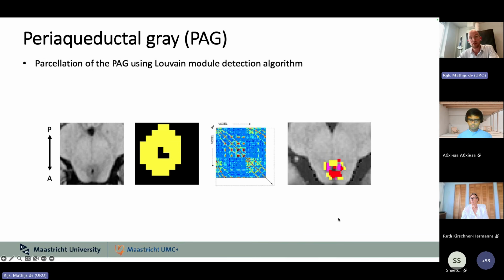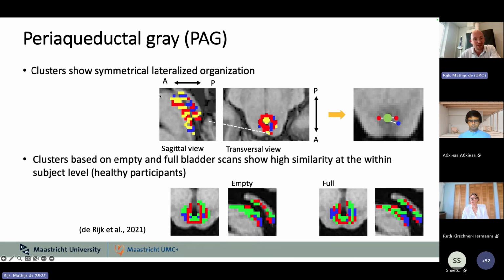Then we can run the Louvain module detection algorithm over that, which has been used a lot for doing this kind of thing on cortical areas. That shows that, yes, apparently we can subdivide the periaqueductal gray into different functional areas. By itself that is not necessarily interesting, but it's also an important question whether this organization looks biologically plausible.